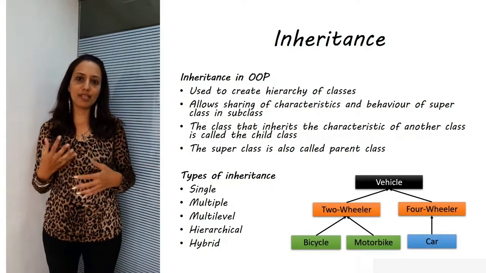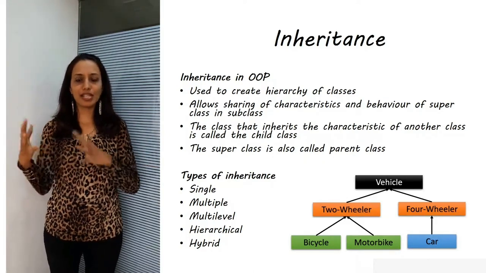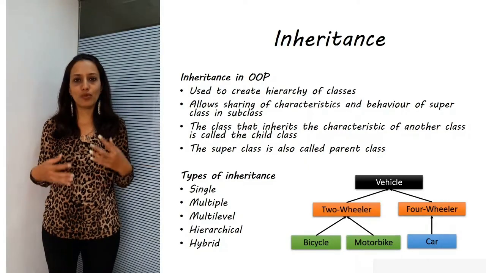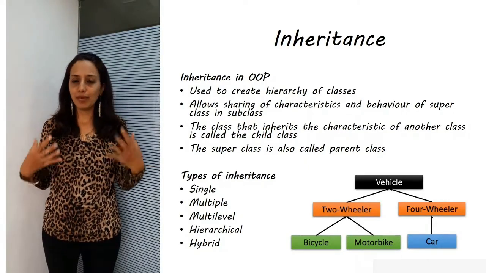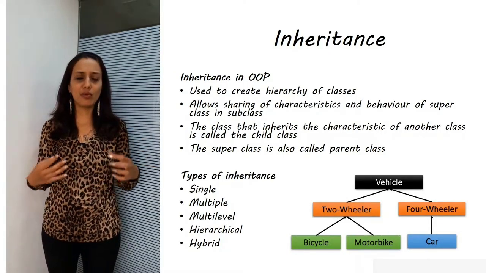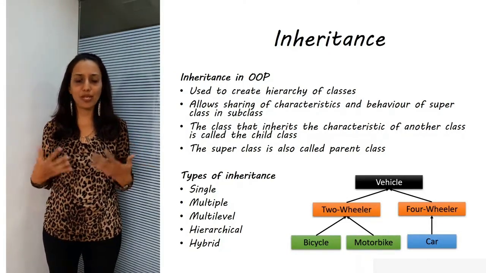So in short, we make a superclass, subclass situation in order to allow reusability of those characteristics, features and behavior that are common amongst objects. So that brings us to what kind of inheritance can be created.